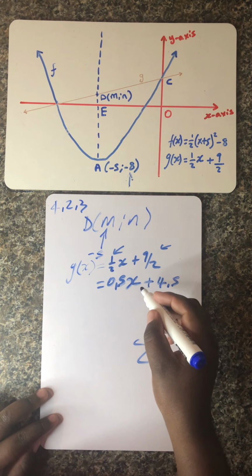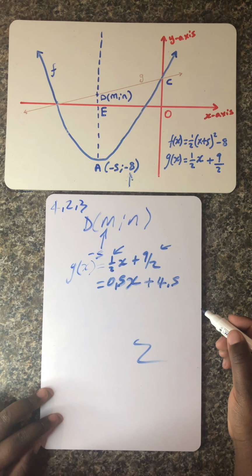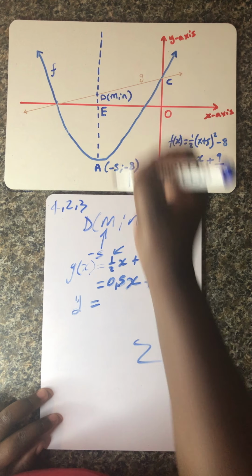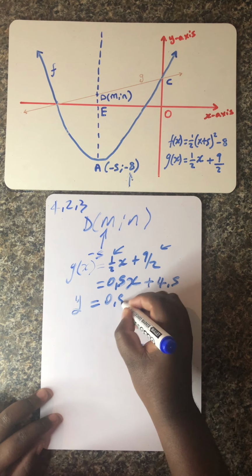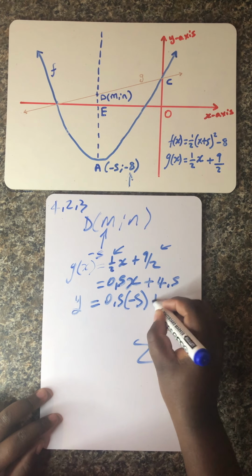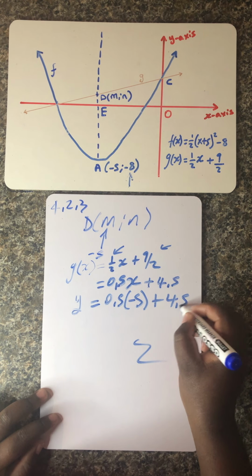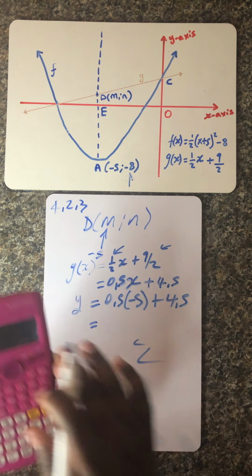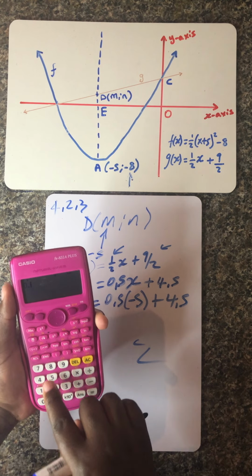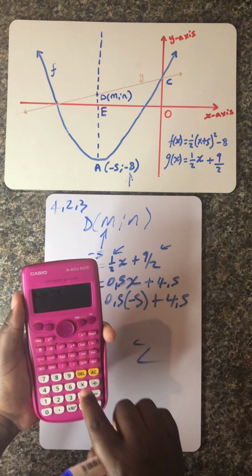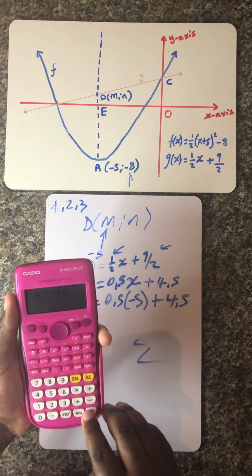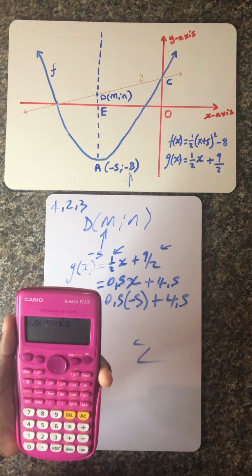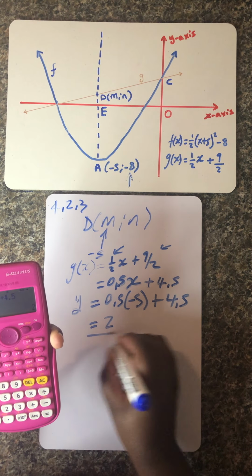So now what are we trying to do, guys? In place of x, we just substitute -5. Why? Because we want to know the y value where x is -5. So that means you have 0.5 times -5, plus 4.5, which equals, you just punch all of this on a calculator, 2.